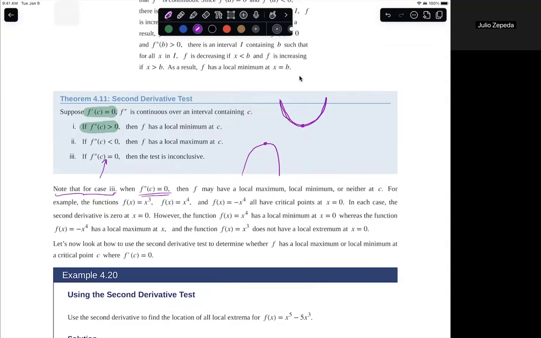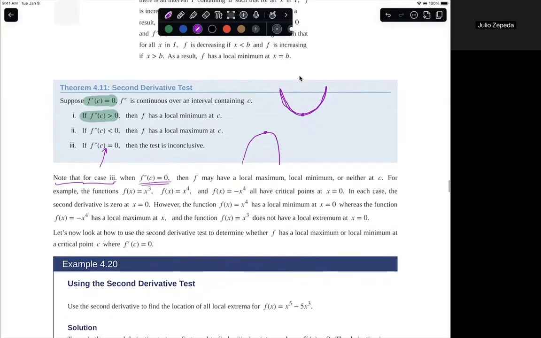For example, the functions f of x equals x cubed, x to the fourth, and negative x to the fourth all have critical points at x equals 0, and in each case, the second derivative is 0 at x equals 0. However, x to the fourth has a local minimum, whereas negative x to the fourth has a local maximum, and x cubed does not have a local extremum at x equals 0. So in those cases, you can look at the first derivative test and see what that tells you.